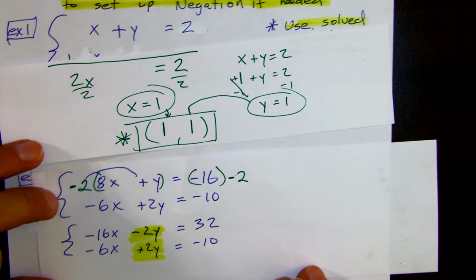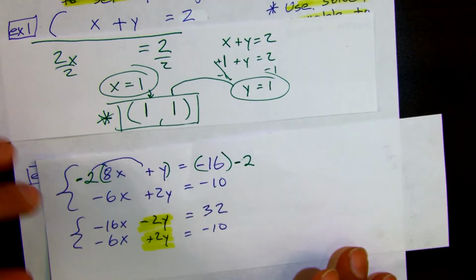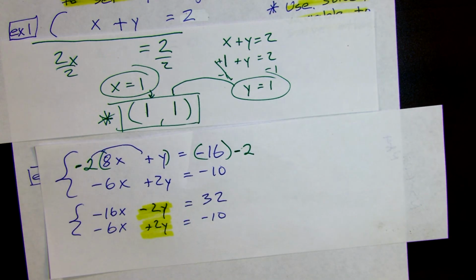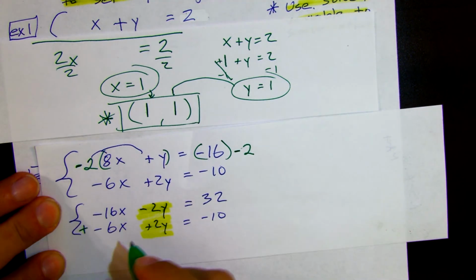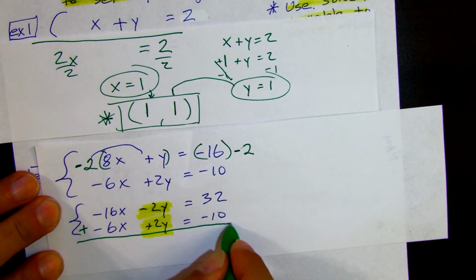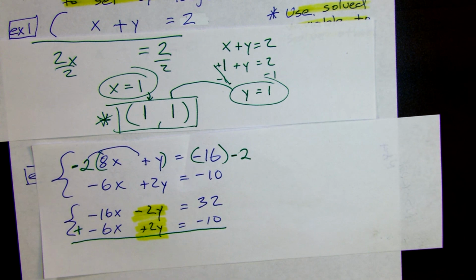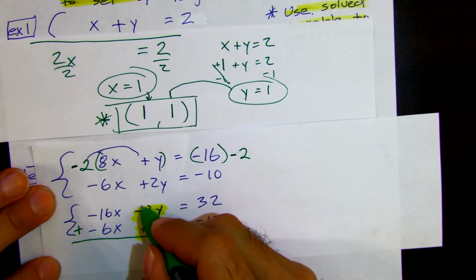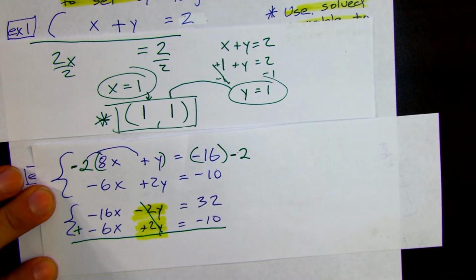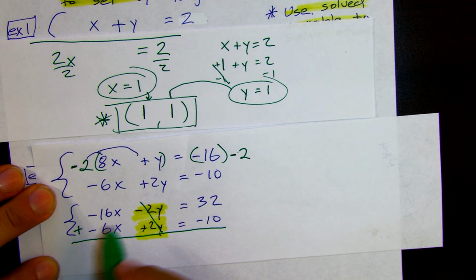We're setting up a situation when we add the two equations. When I just combine the two equations, what's going to happen to what I highlighted? Negation. That is the name of the game for elimination. Watch. I just made it twice as easy.